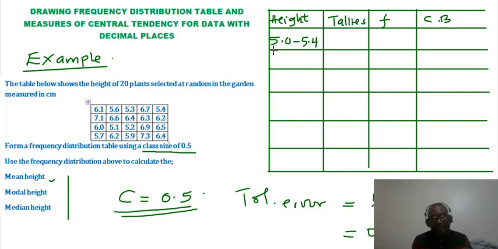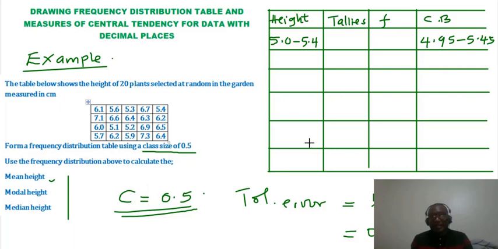So when you subtract 0.05 there, we shall be getting 4.95 to 5.45. Now when you subtract here, surely the class width is 0.5, which is given to us. We get 5.45 minus 4.95, we get the class width which is given to us here, which is 0.5.